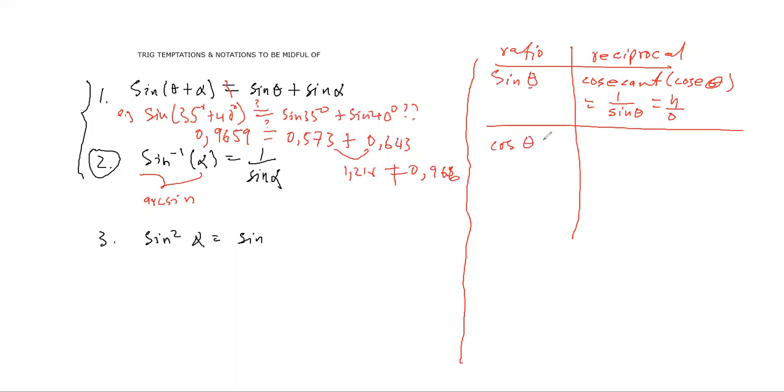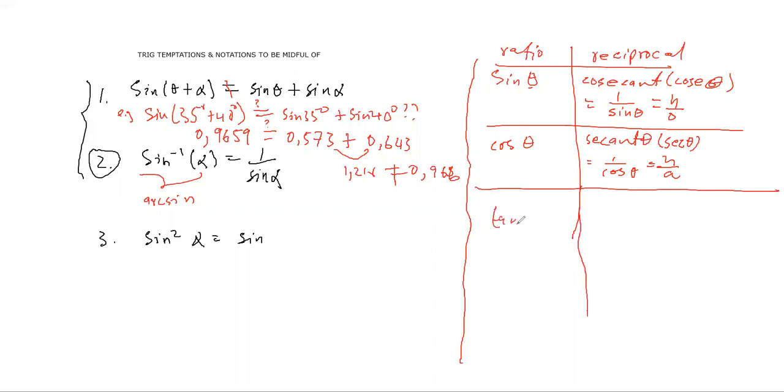Cosine of theta has a reciprocal known as the secant of theta, or we will just write shorthand sec theta, which is 1 over cos theta. Now, cos theta is adjacent over hypotenuse. That means this is hypotenuse over adjacent. You can prove that for yourself.